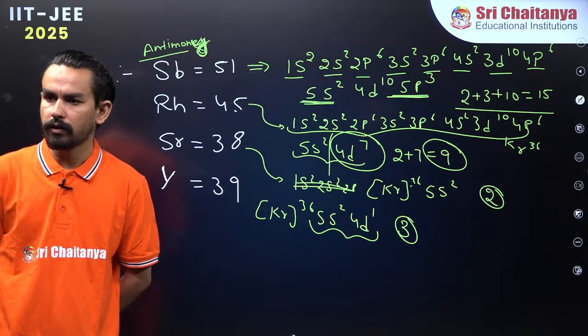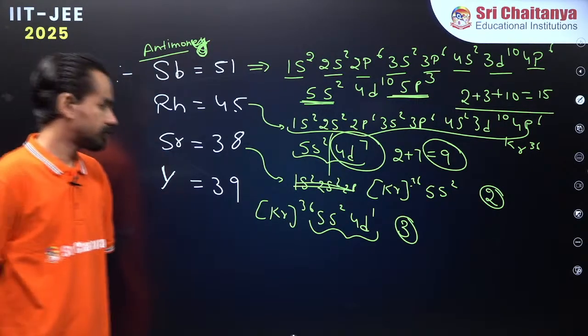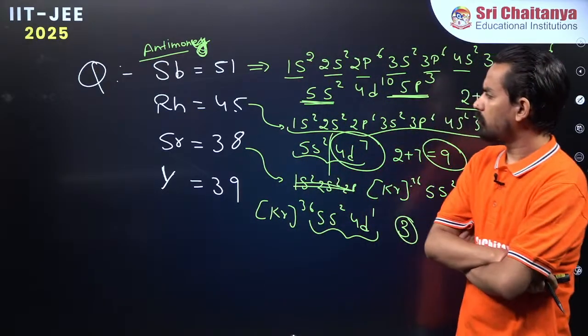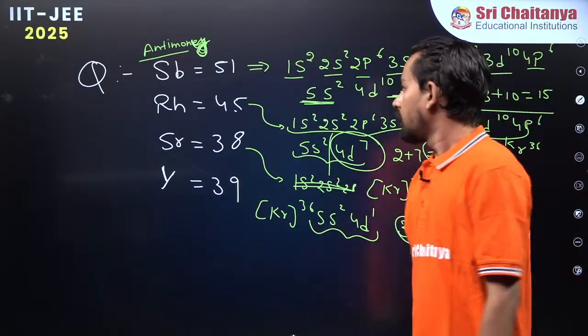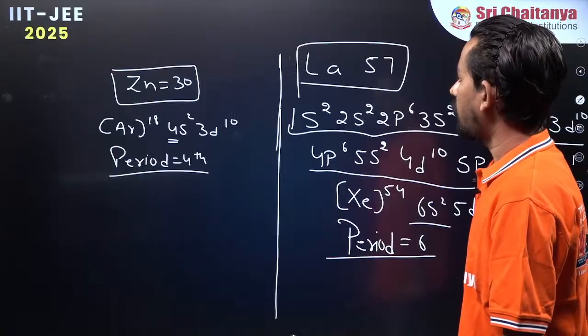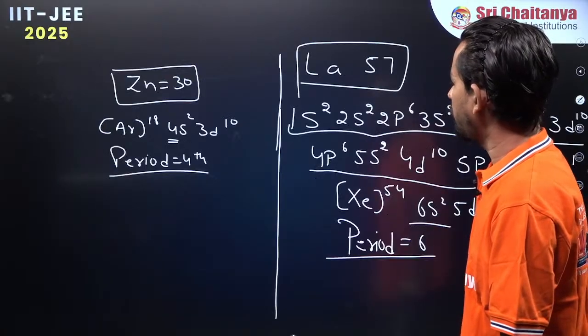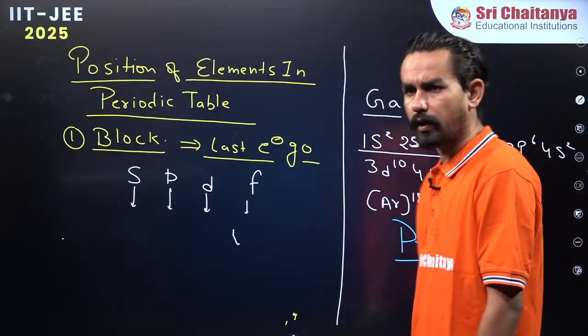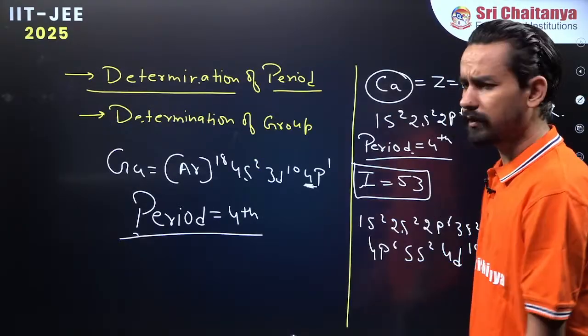So this is what we have learned: how to determine groups and periods. Determination of block we already know, and determination of period we have learned, that is very easy.